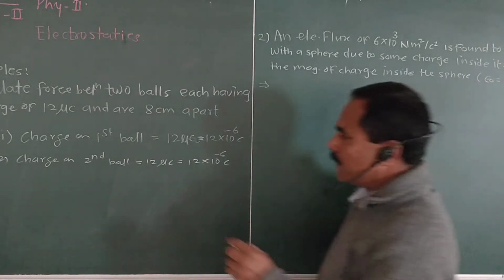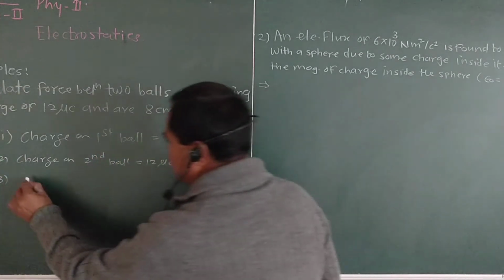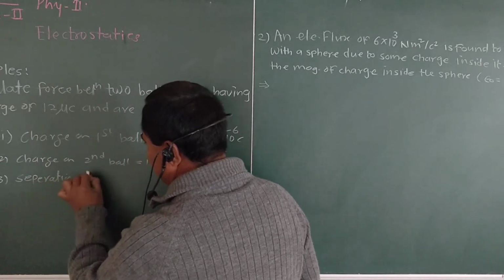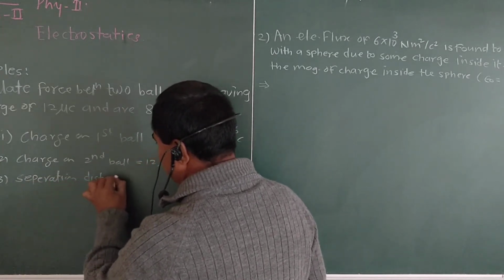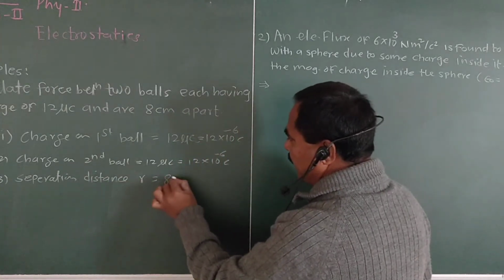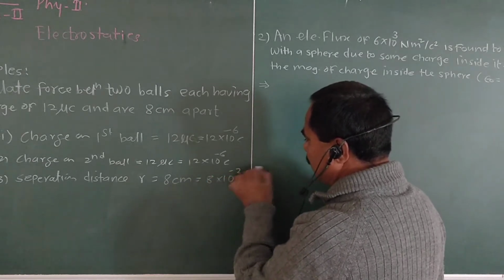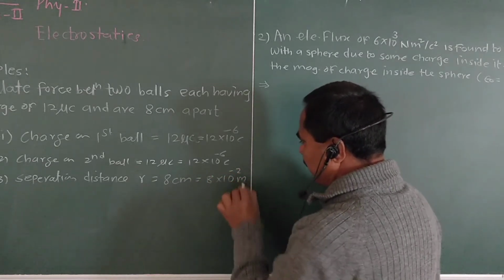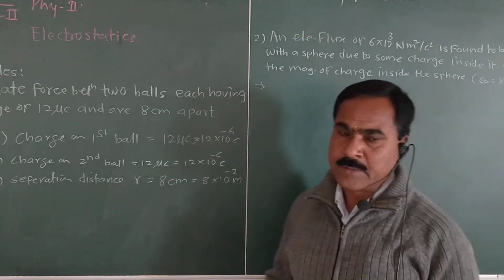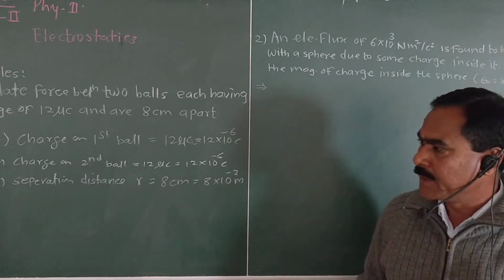And third is separation distance. Separation distance, that is R equal to 8 centimeter equal to 8 into 10 raised to minus 2 meter.